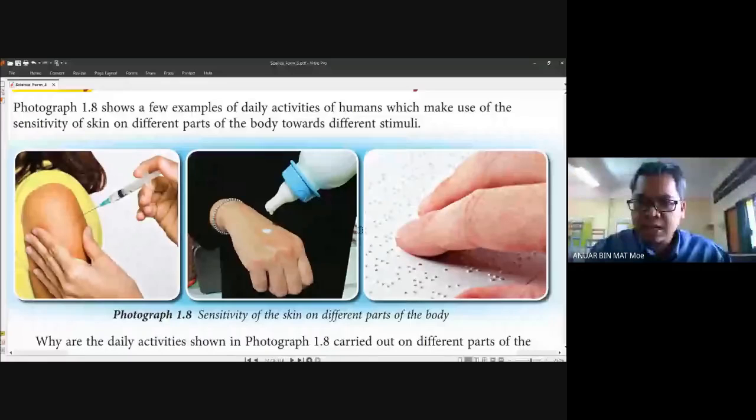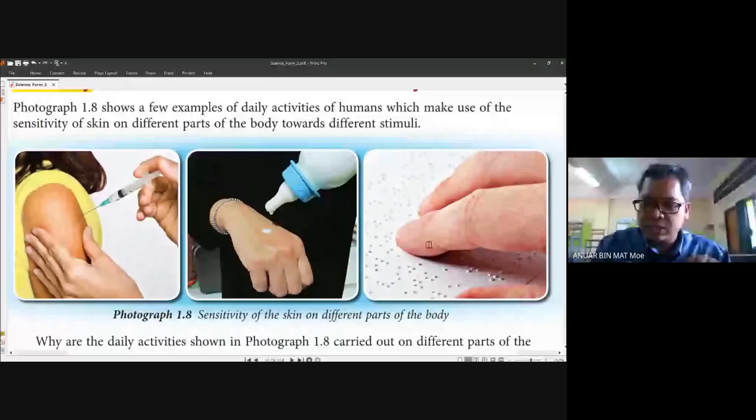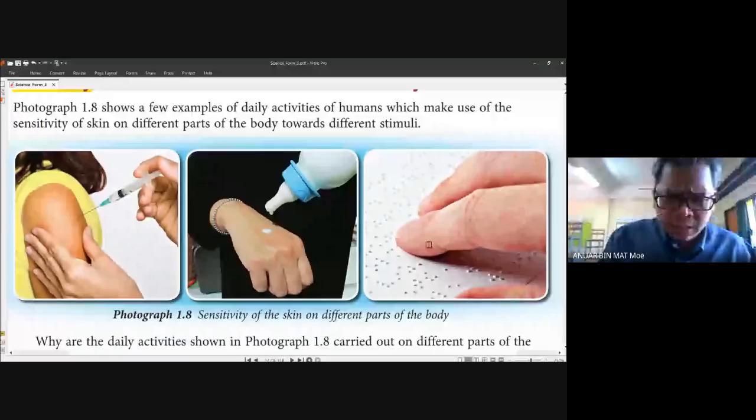The blind person reads the braille by touching the raised dots on the paper. You can feel it. There is an activity here, but I'm not going through the activity now. Later, after you come to the school, we do the activity.